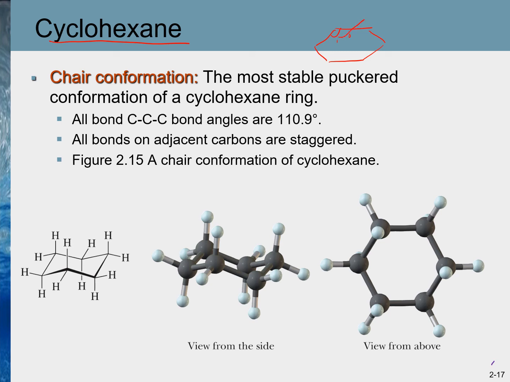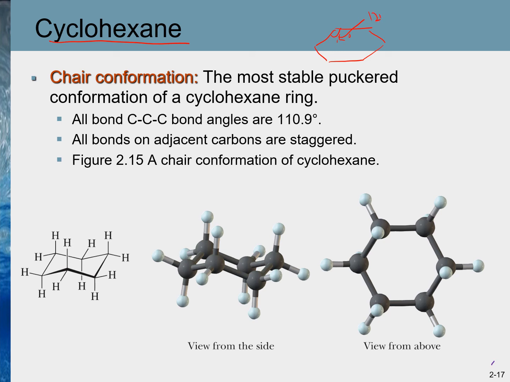And needless to say, cyclohexane is not present as a regular hexagon, although we do show it in the line structure formula as a regular hexagon.